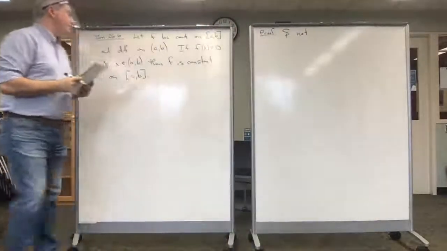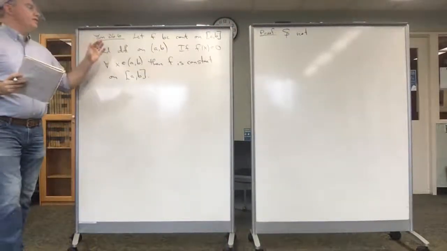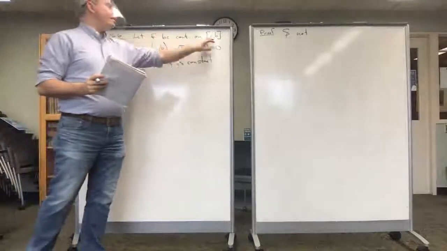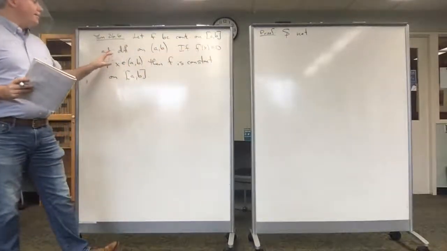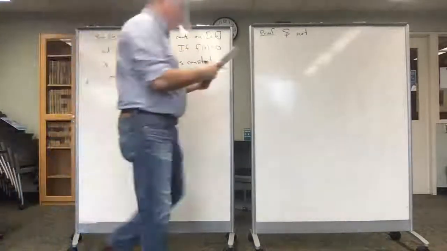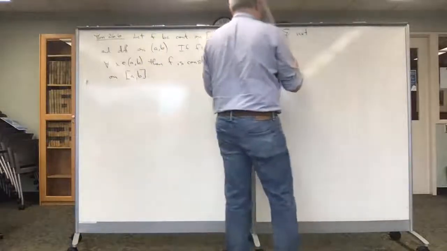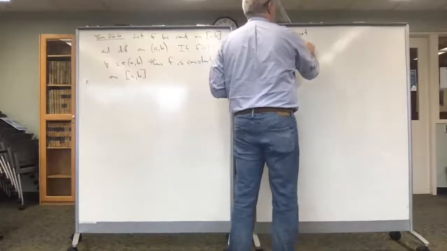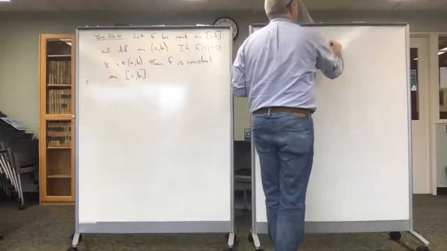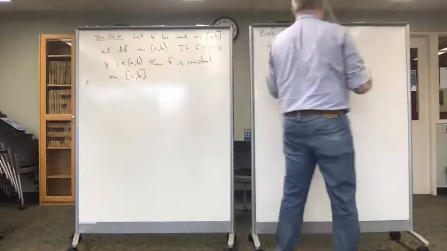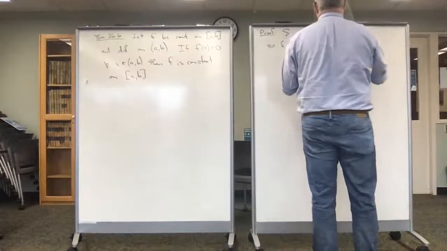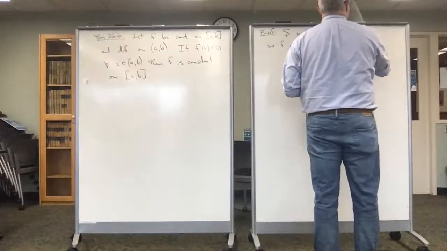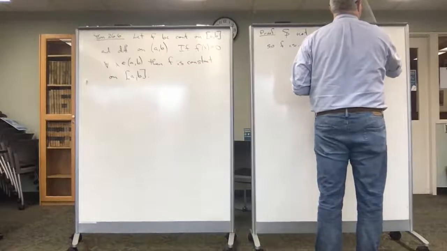In other words, let's suppose that we do have a 0 derivative, but the function itself is not constant on [a, b].